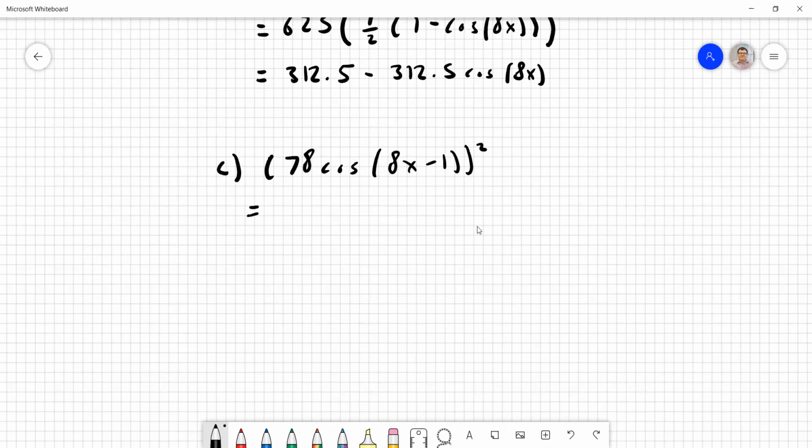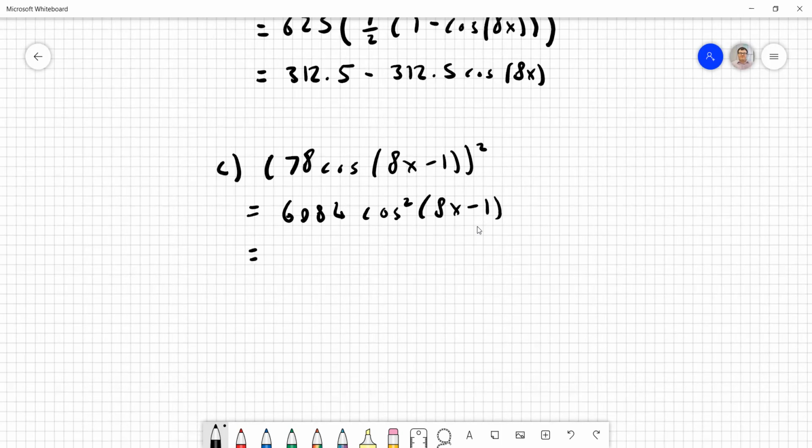We're just going to be a bit more careful with the bracket in our cos term when it comes to using the identity. 78 squared is 6,084, and we've got cos squared 8x minus 1.